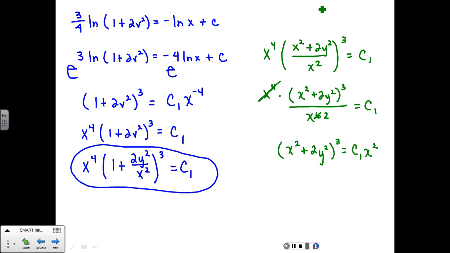Cube root both sides. So then you get x squared plus 2y squared equal to the cube root of c1x squared. Then you could subtract that x squared, and then divide by 2, and then take the square root of all that. It's not pretty. So we can just leave this alone.